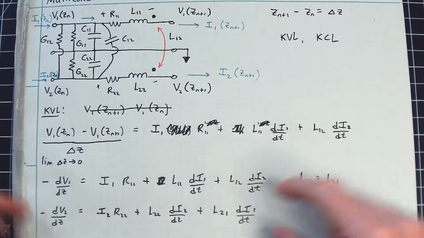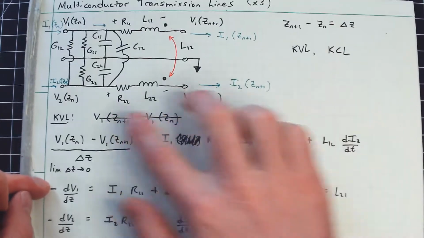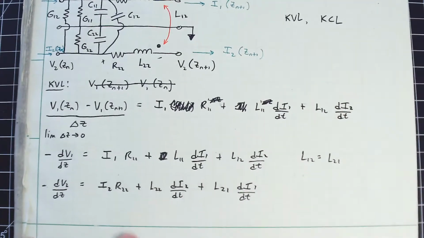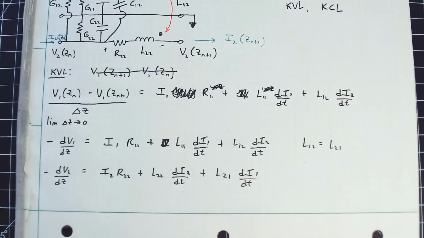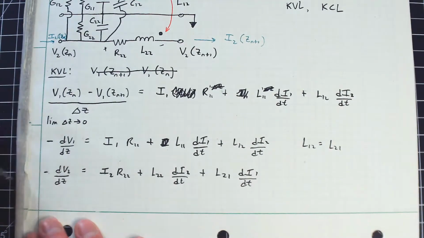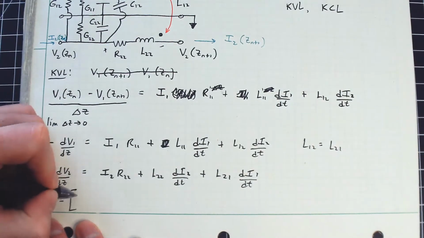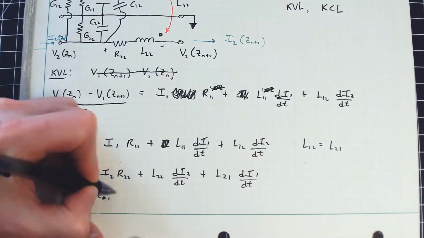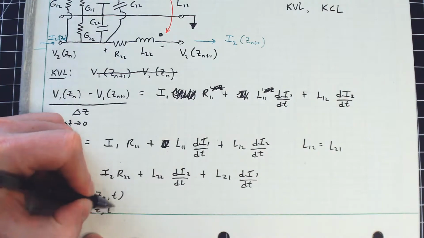Okay, so I have two differential equations here representing the changes in voltage as a function of the currents everywhere. Now, it turns out we can simplify this notation tremendously by writing something like the following. I'm going to define a vector v as simply v1 of z comma t and v2 of z comma t, like that.